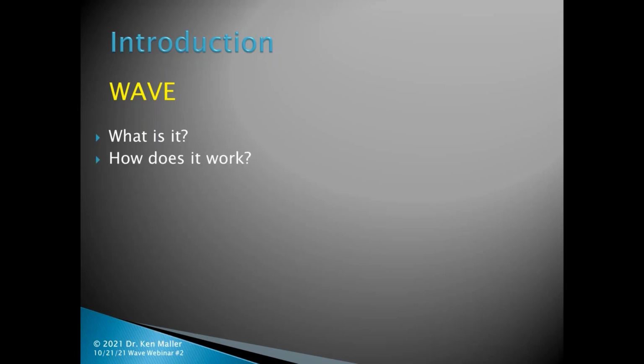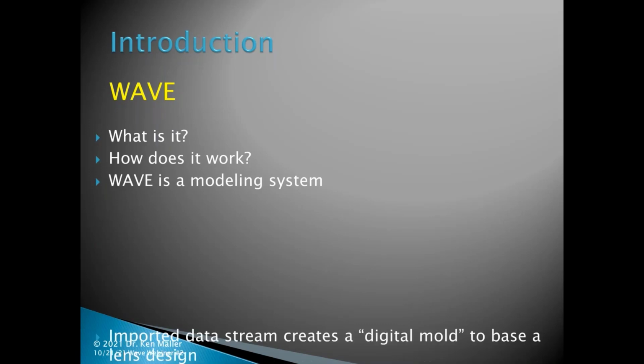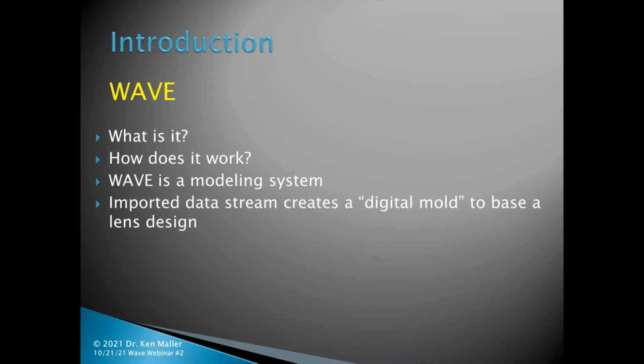And how does it work? Well, it really talks a language that we as doctors understand rather than the manufacturing side, and it translates what we understand into what can be manufactured on the lathe side. Wave is basically a modeling system, and it takes a data stream that's been collected from some topographical device. It creates a digital mold to create a template of that surface, and it gives us now a base to design that lens from.